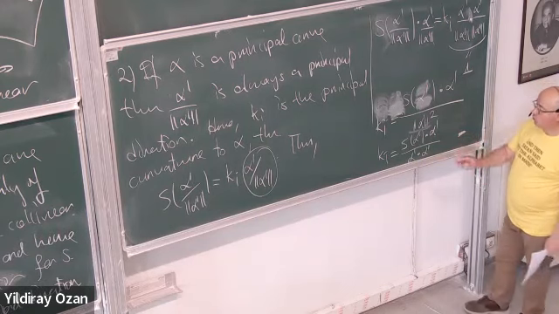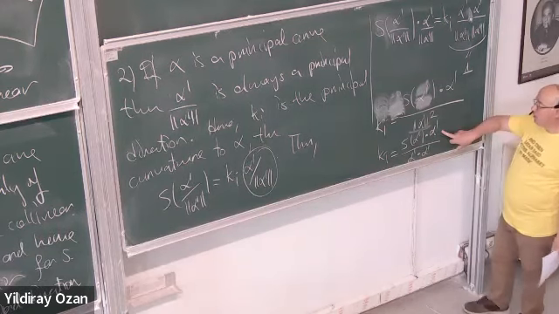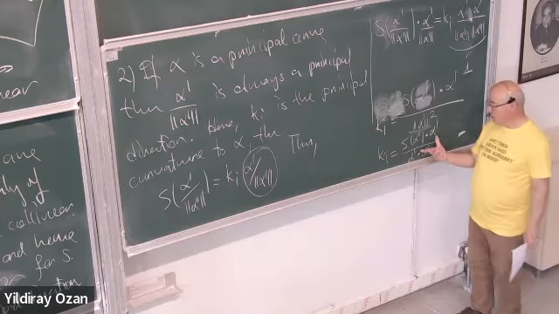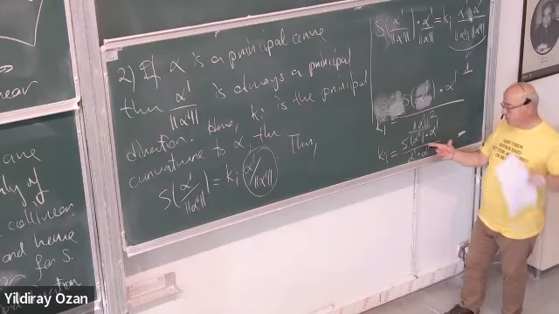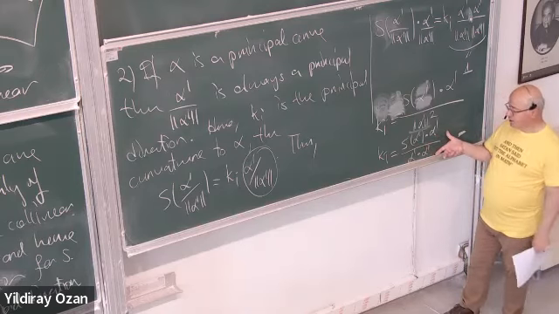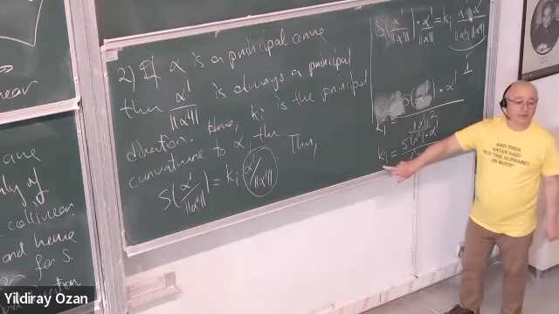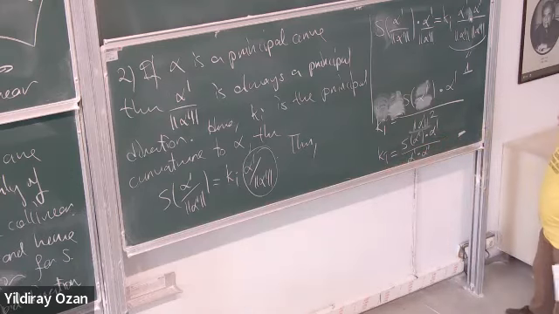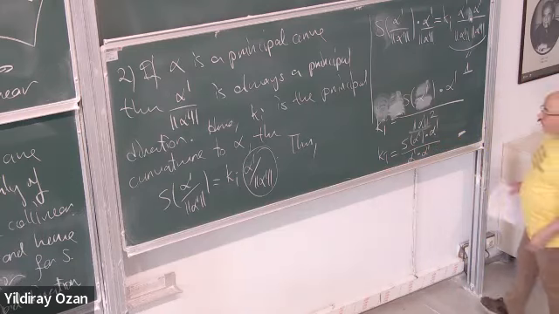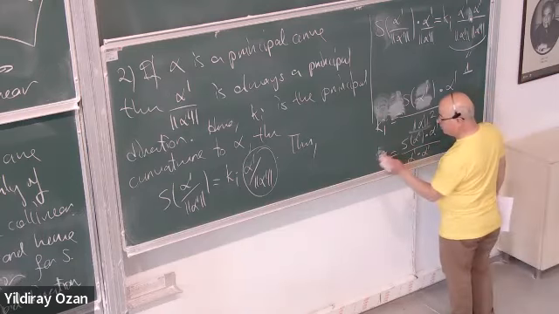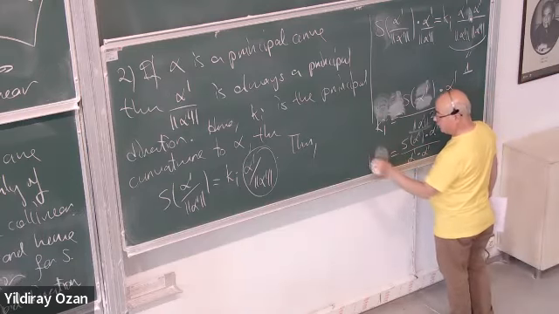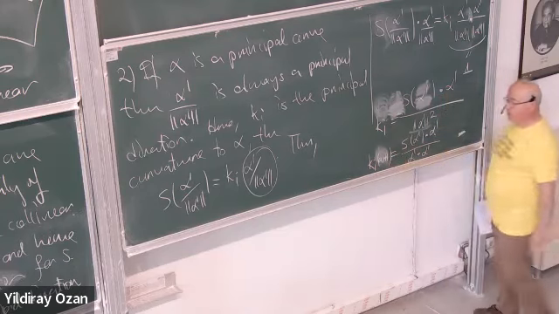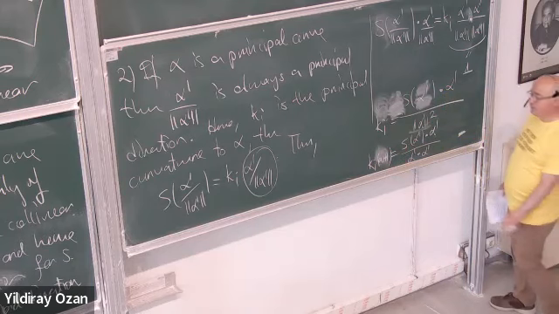So along principal curves, this expression is the principal curvature at alpha t.